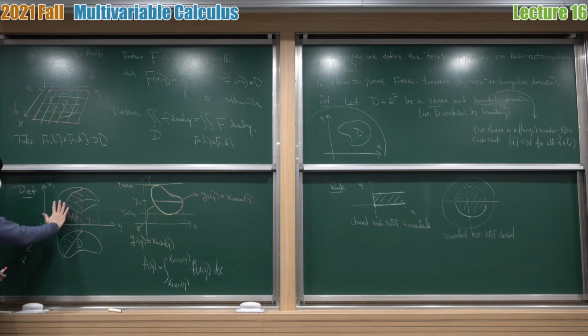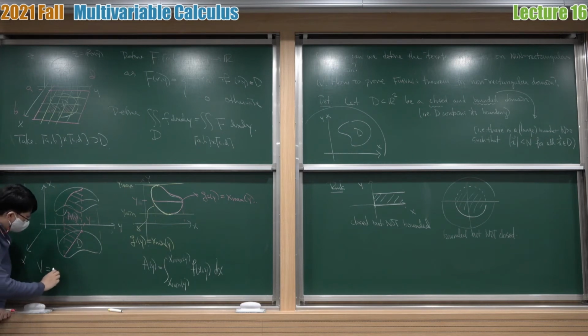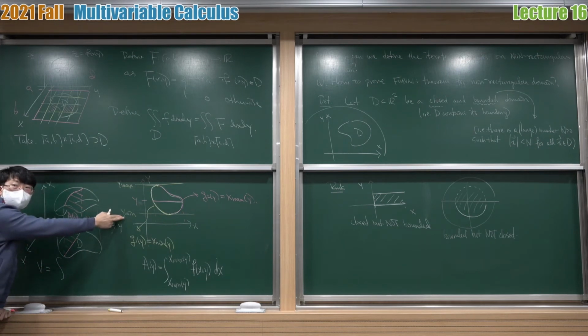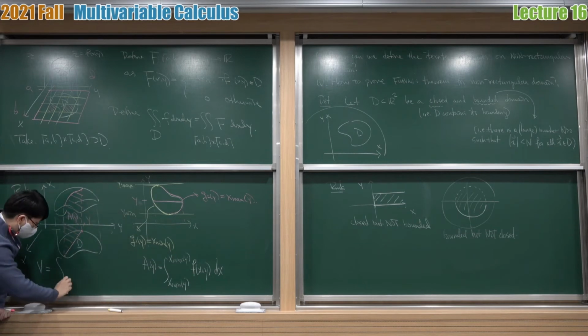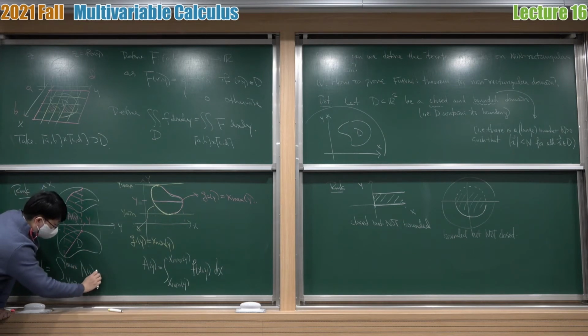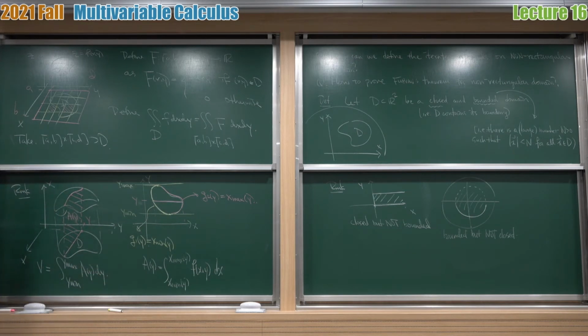And then in order to find the volume, let's erase the definition here. Just a remark here: the entire volume is the integral of A(y) from where to where? y min to y max, right? So y min, y max, A(y). Okay.